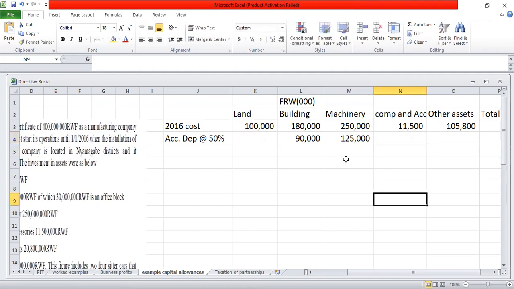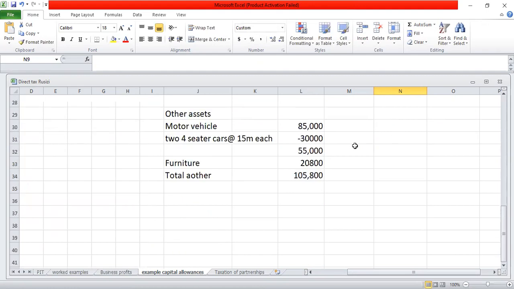When I come to other assets, I need to check my categories here. The 2 saloon cars are not qualifying because they are 4-seaters. What is qualifying is this 55. Furniture doesn't qualify because it is below 50,000 US dollars. So what is only qualifying in other assets is these cars which are 55.